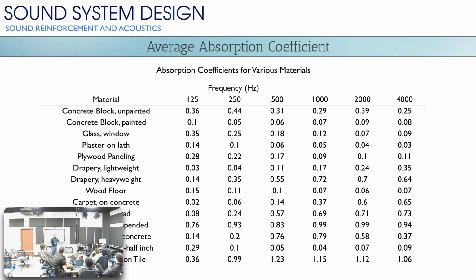What happens when it gets behind it? What does it find there? It finds 2 walls, so it's going to reflect twice. And where's it going to go when it comes off those 2 walls? Right back into the panel, and get sucked up again.